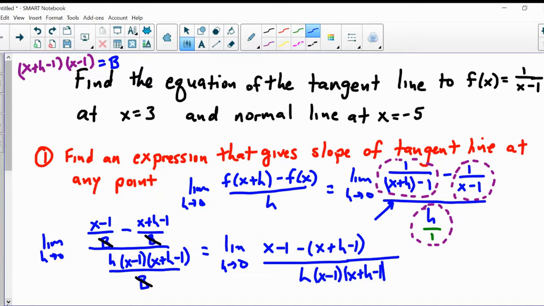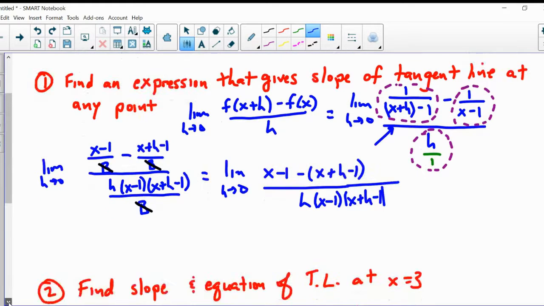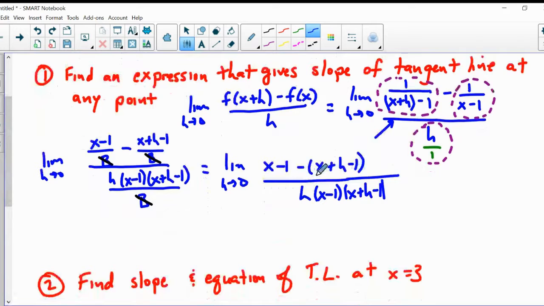What ends up happening anytime you do this definition is that the numerator should simplify so that anything that doesn't have an h in it should automatically cancel out. So the limit as h approaches 0, x minus x, those cancel out. Negative 1 minus negative 1, or negative 1 plus 1 when you distribute, those cancel out.